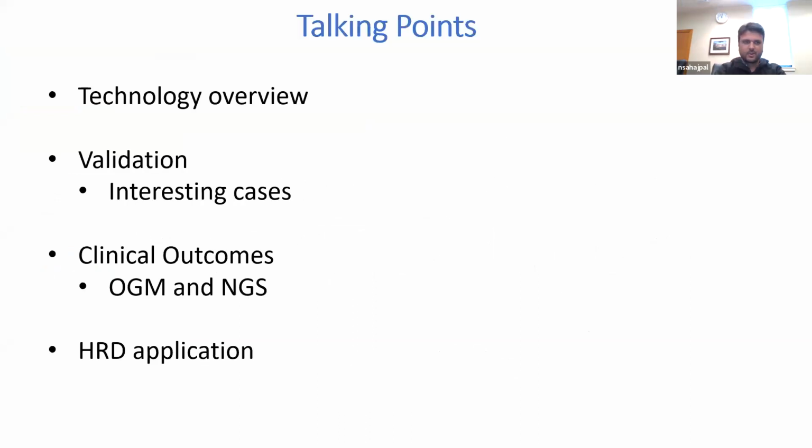For the discussion today, I'll touch upon the technology overview and the validation, but would like to share certain interesting cases that we saw during our validation studies, and then move into a bigger discussion of what might be the clinical utility of optical genome mapping, and does it have the potential to alter the clinical outcomes in these patients. And then we'll have a focused discussion on homologous recombination deficiency as one of its applications.